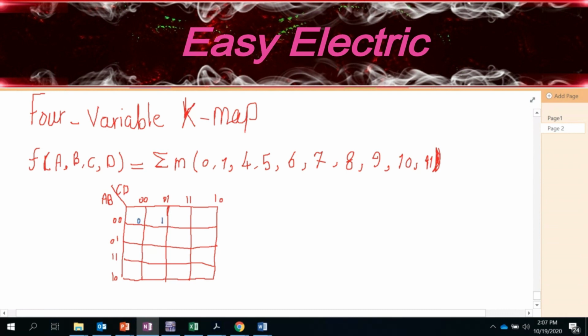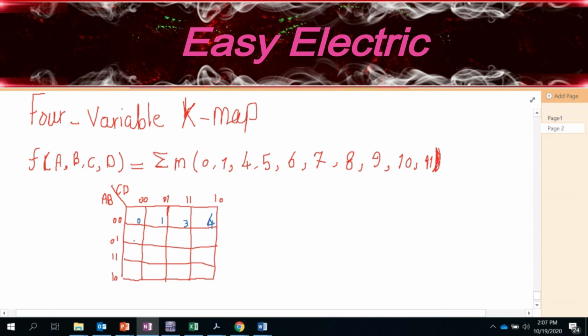This should be 1. This should be 3. This should be 4. Why 4 again? Because AB is 0 0, and C is 1, and D is 0. So what we should have here, A is 0, B is 1, CD is 0. What should then be the minterm number for this square that you see?